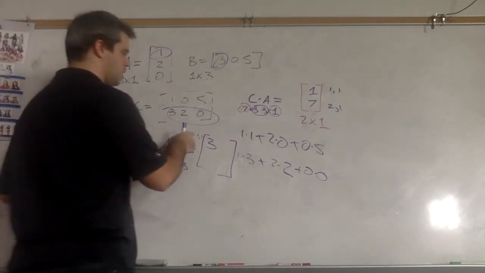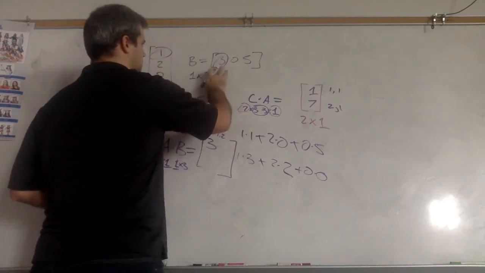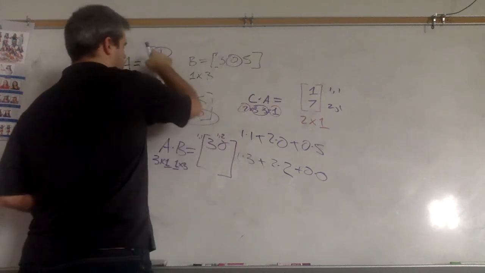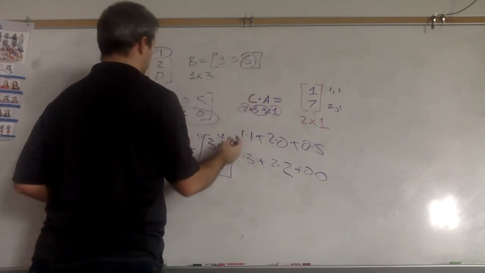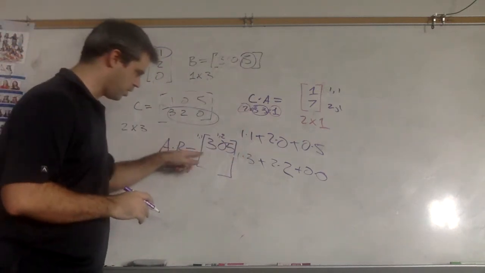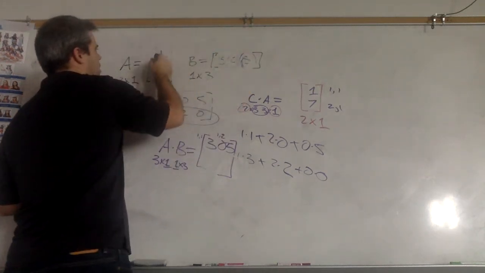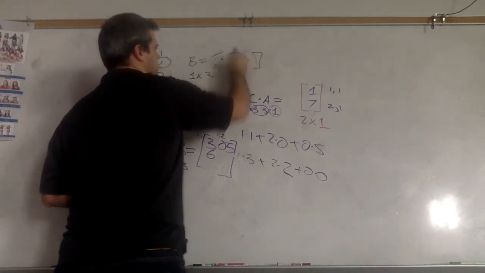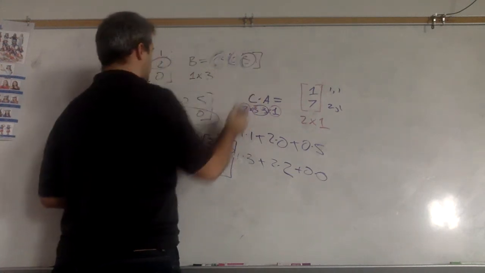And then for row 1, column 2, I do row 1, column 2. Row 1, column 3. And then for row 2, column 1, I do row 2, column 1. Then row 2, column 2. Row 2, column 3.